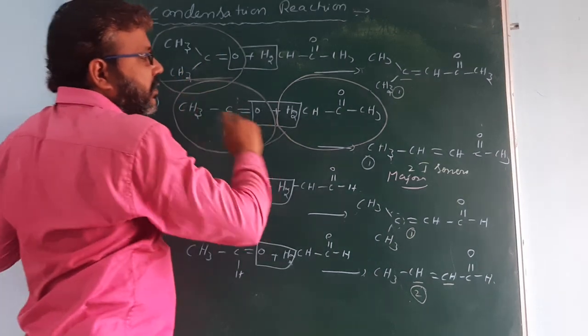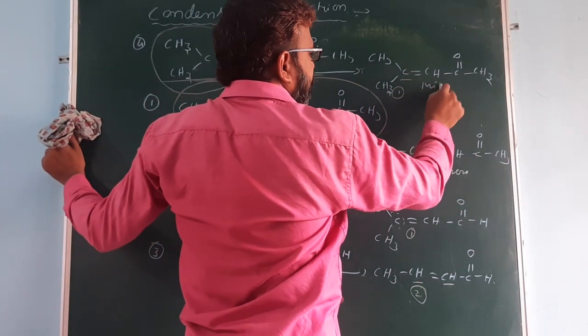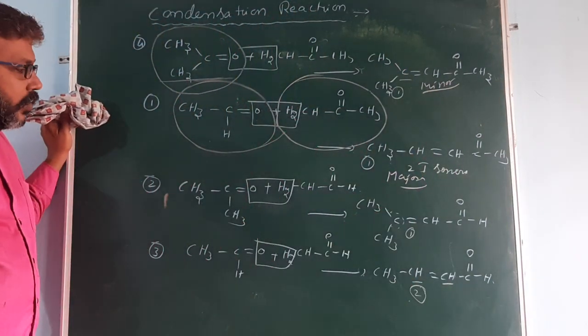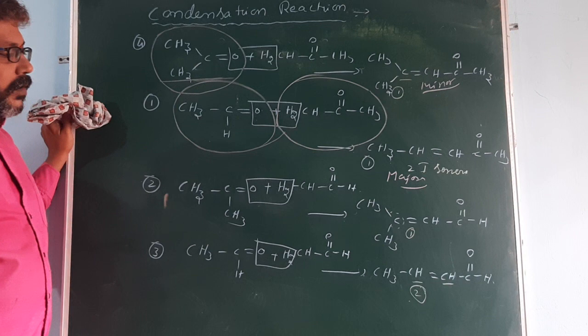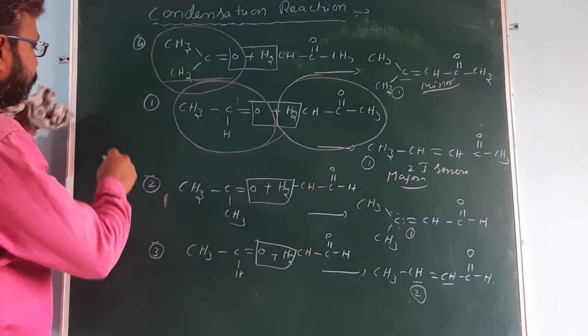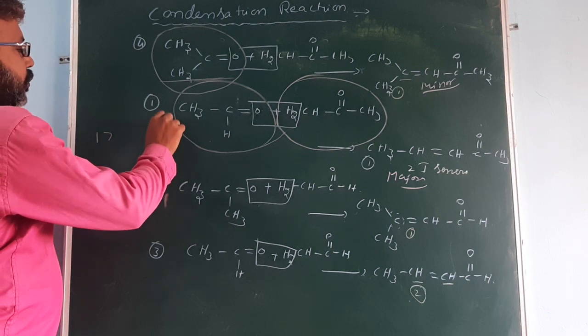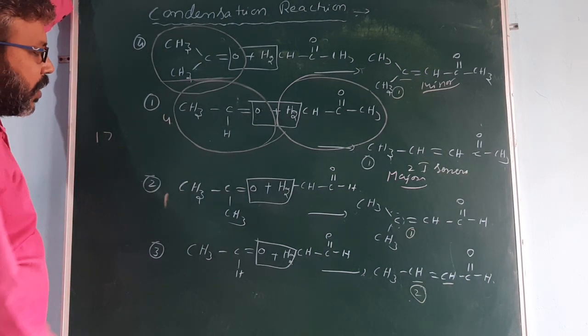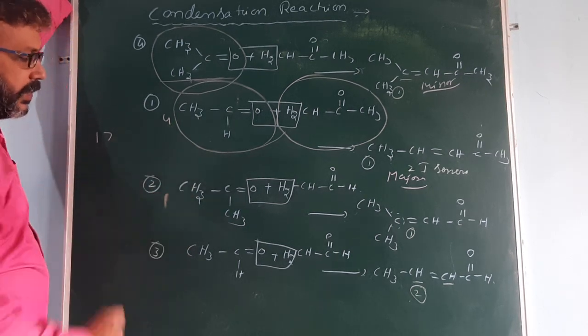That's why it is a minor product. Now arrange the order of percentage of yield. Already you know 1 is major, so 4 is minor.